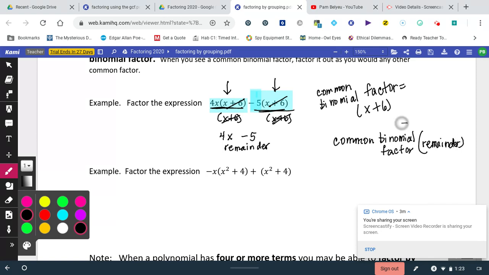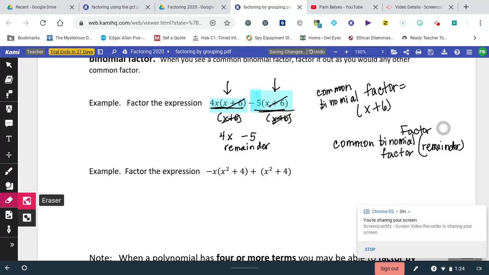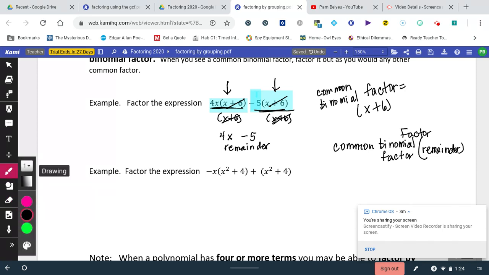So that would be your factored form for these, okay? Not factor form, factored form. So if I get ready to write this in factored form, I'm going to write x plus 6. That's my common binomial factor. And then the remainder is 4x minus 5. So this is what we would call factored form.